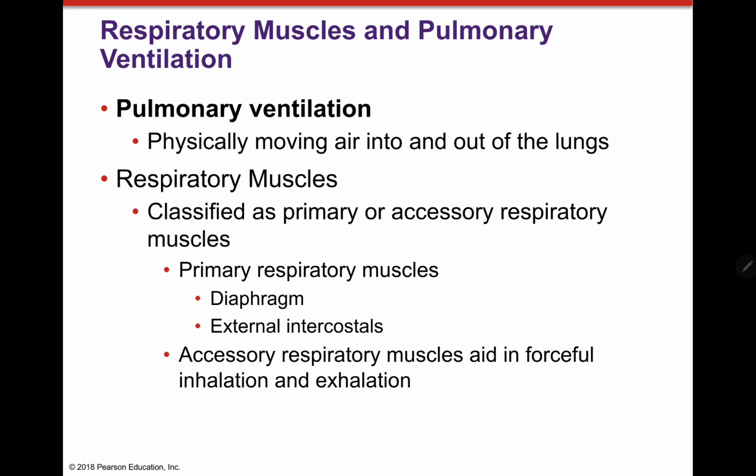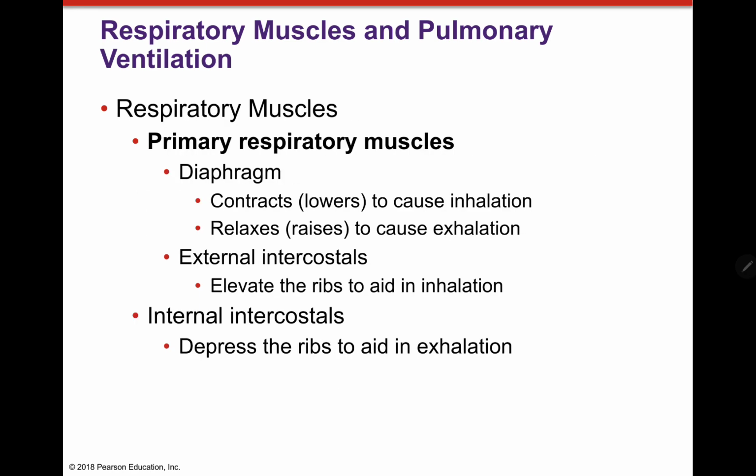When we talk about pulmonary ventilation, that's simply the physical movement of air into and out of the lungs. We also have respiratory muscles, primary and accessory. The primary respiratory muscles are the diaphragm and the external intercostals. The accessory respiratory muscles aid in forceful inhalation and exhalation.